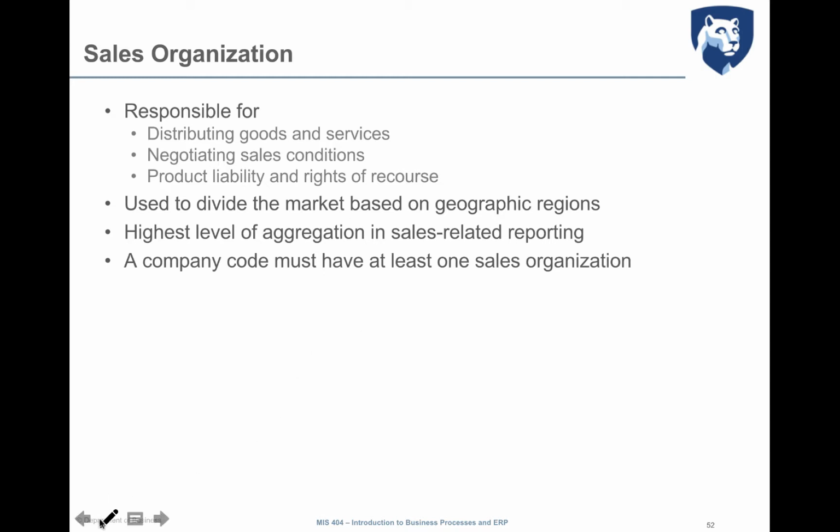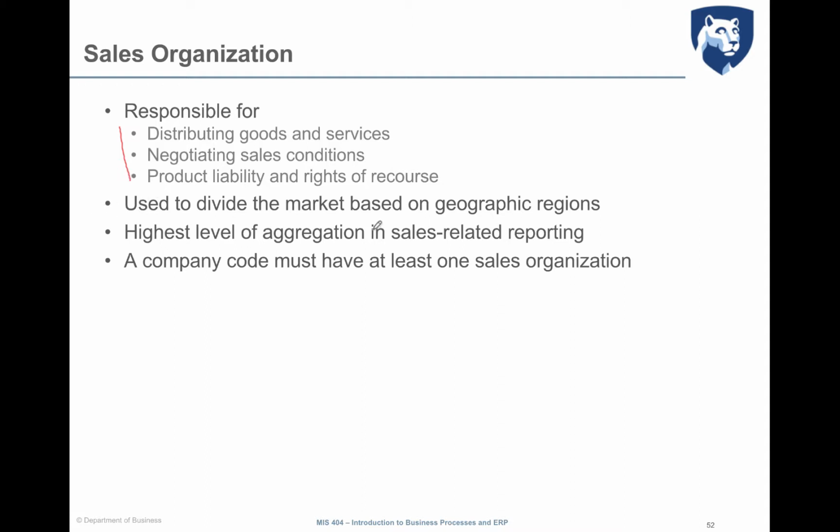As we already saw in the theoretical part, a sales organization is responsible for three activities. First, negotiating terms and conditions of sale for the market, so negotiating with customers. Second, negotiating with customers how to distribute the goods and services, and so how to reach them at their location. And third, it is responsible to the customer for liability and rights of recourse related to the product, in case of dispute.